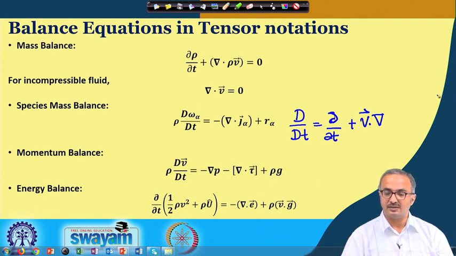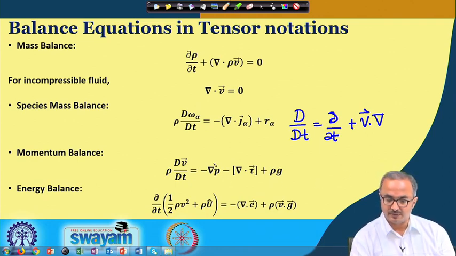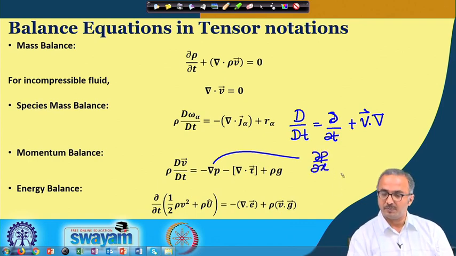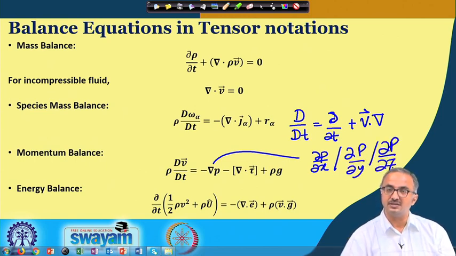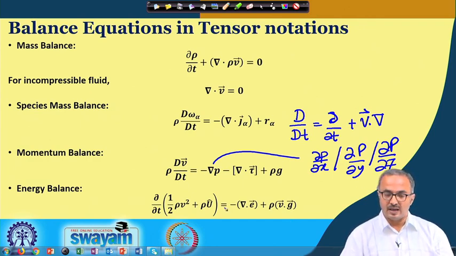The gradient will come as dou p by dou x, dou p by dou y, dou p by dou z. These three things will be there for this, and this is the surface interaction of stresses.